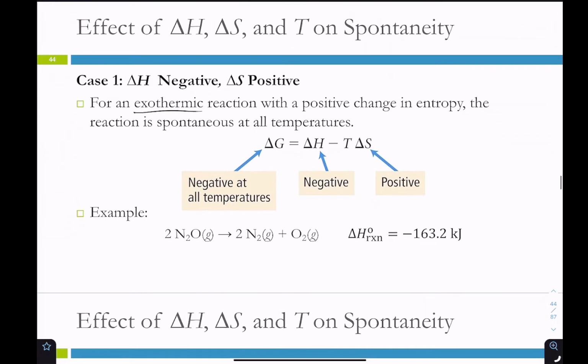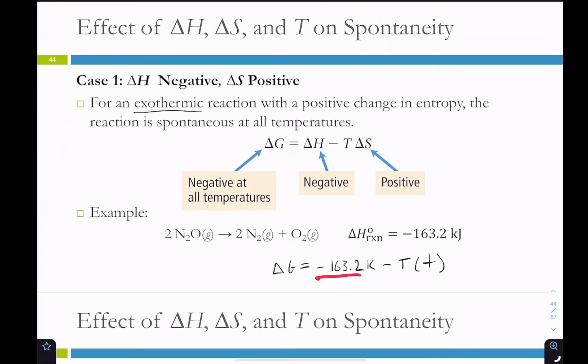Because if we plug in delta G equals negative, just plugging in the standard enthalpy of the reaction, 163.2 kilojoules minus some temperature times a positive change in entropy, which we could also get from the balanced chemical equation, right? Because we're going from 2 moles of gas to 3 moles of gas. So it's going to be a positive change in entropy.